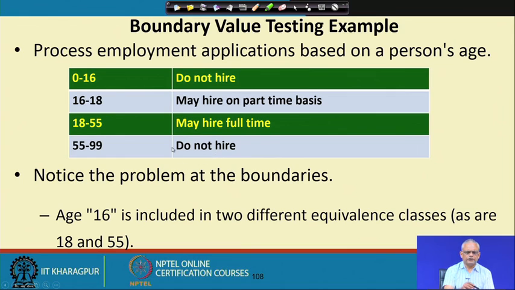So, there are 4 equivalence classes here corresponding to these 4 different scenarios, and the boundaries are at 16, 18 and 55.